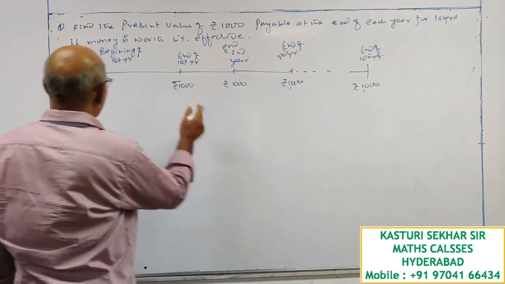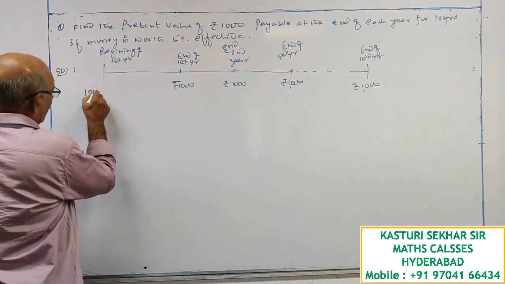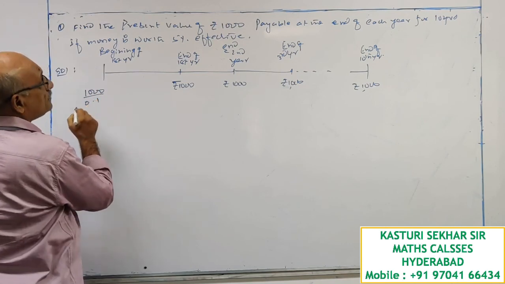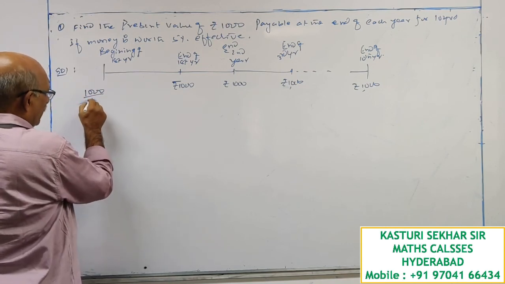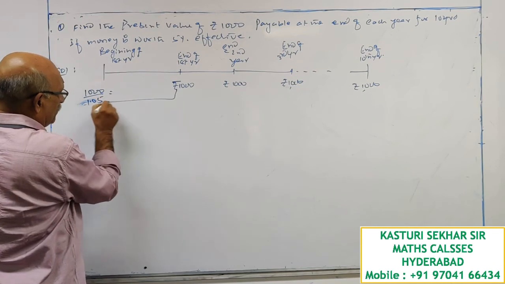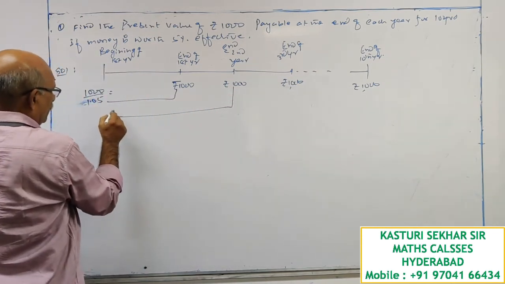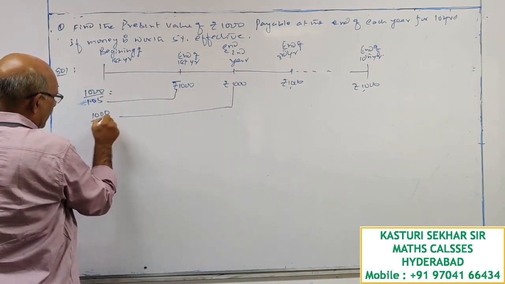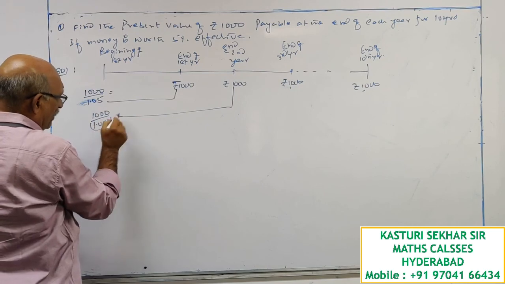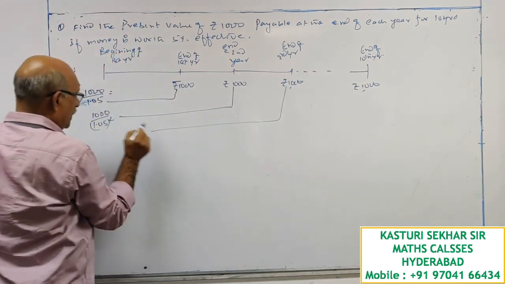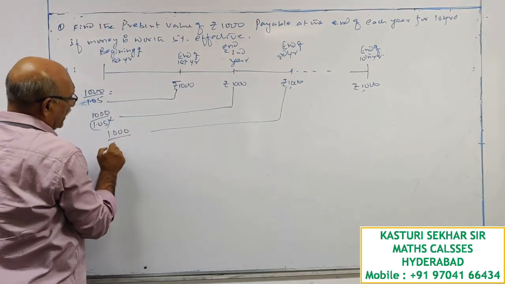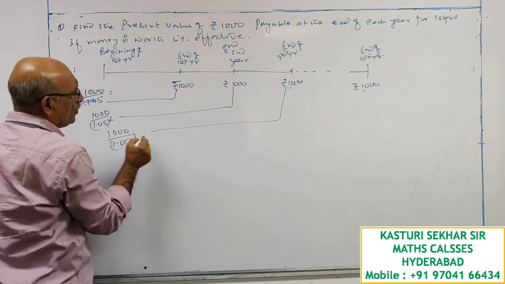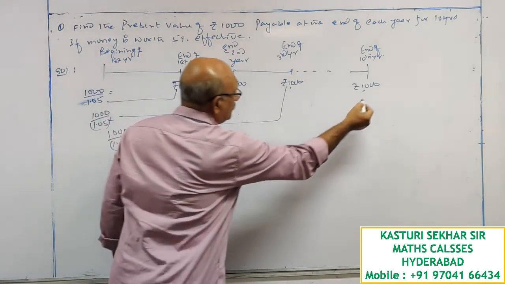So this you have to calculate. This is 1000 divided by 1.05, 1000 divided by 1.05 whole square, 1000 divided by 1.05 whole cube, etc.